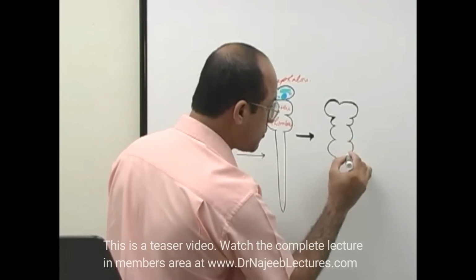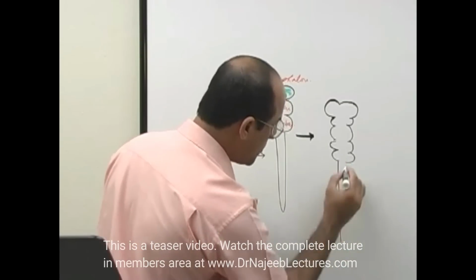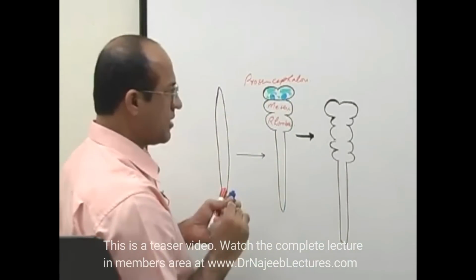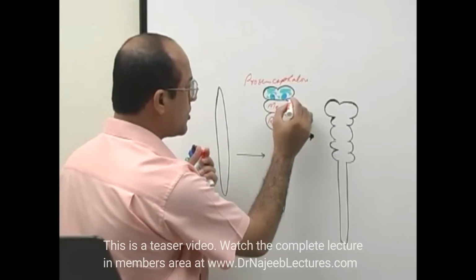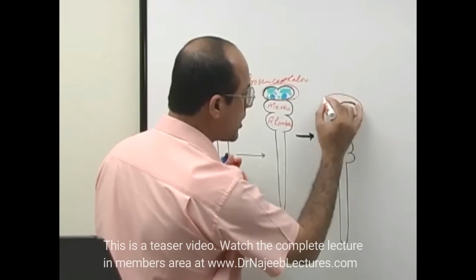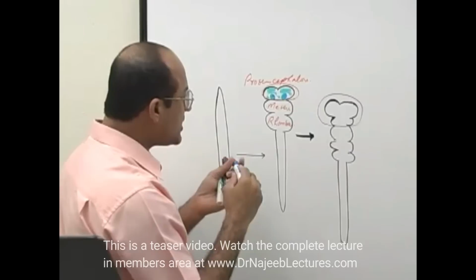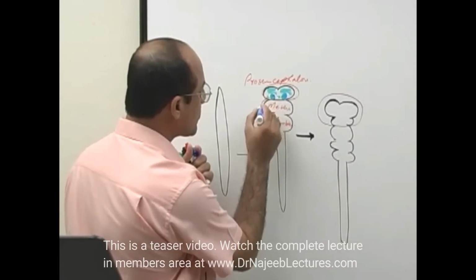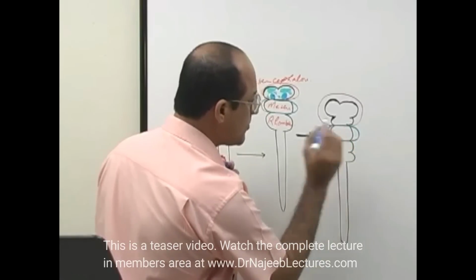The rhombencephalon again divides into two. This is the further development of the central nervous system, right? The prosencephalon has developed into two vesicles. The mesencephalon remains a single entity.